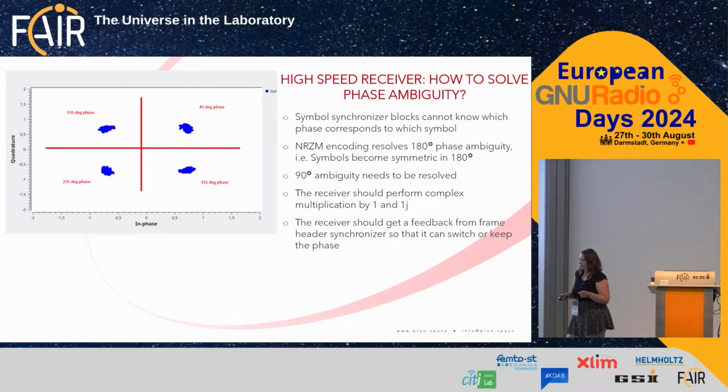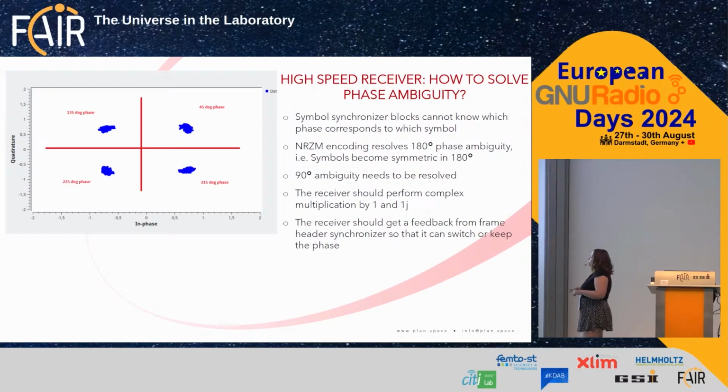In order to combat that, we can use a differential encoder, which is NRZ-M encoding. Instead of modulating bits, it first maps bits into bit transitions. Therefore, you get a 180-degree symmetry over the x-axis.